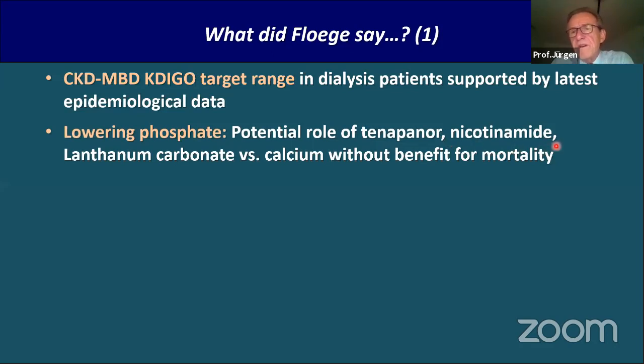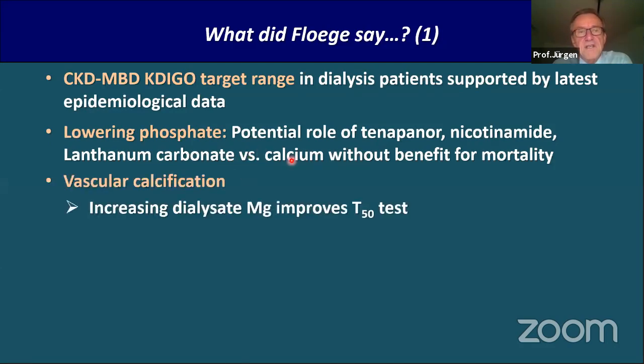I'm skeptical whether nicotinamide will make it. The effect, if at all, is modest, but companies are working on intestinal phosphate transport blockers. And frustratingly, in the landmark trial in Japan, lanthanum carbonate was no better than calcium in terms of mortality.